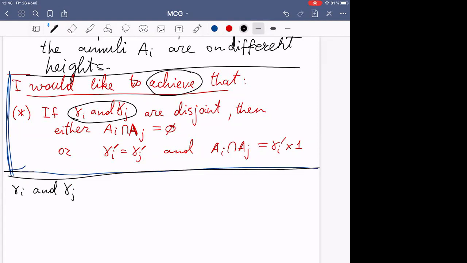So suppose that gamma_i and gamma_j are disjoint. If they are disjoint, and also transversal to each other, then the annuli are transversal to each other. So all unwanted intersections are just circles.